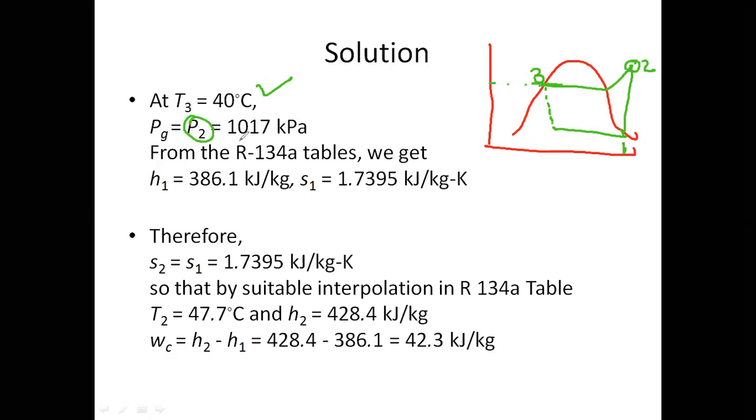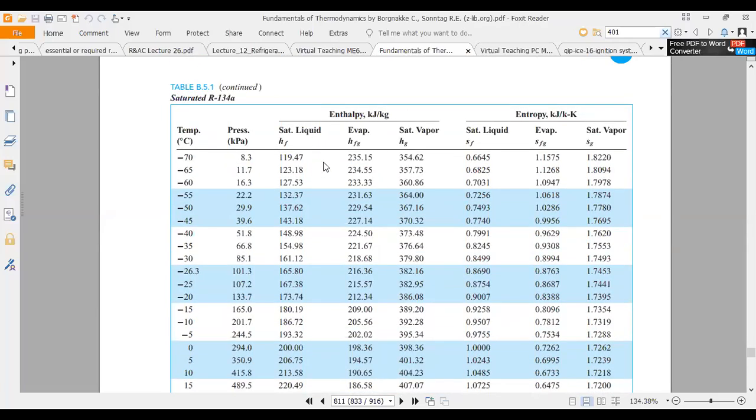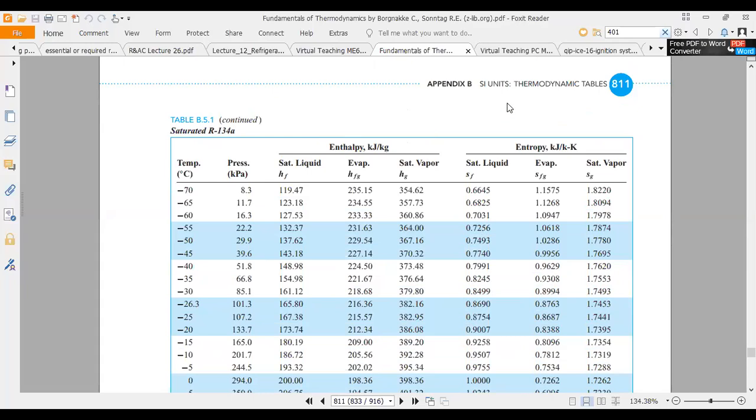So from the temperature based steam table of the refrigerant R134A, we can calculate the saturation pressure, that you can see in the saturation table of R134A.